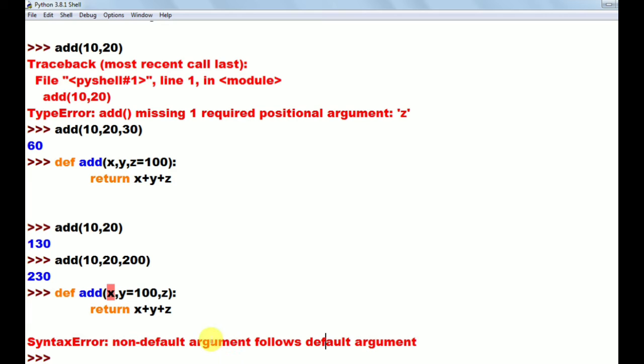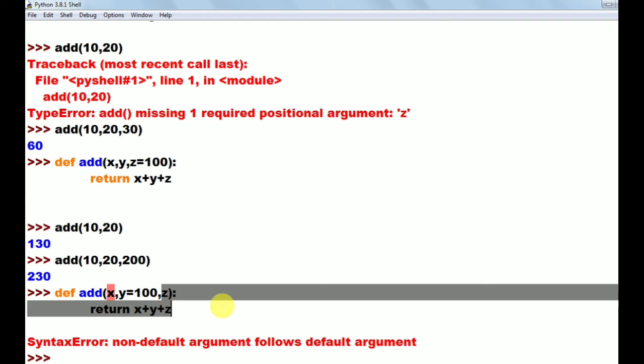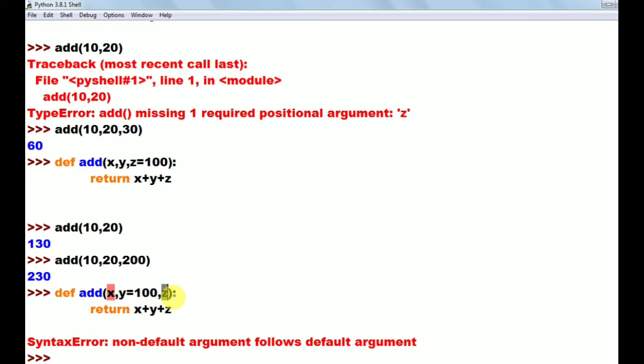Here z is the non-default argument, so that non-default argument is following the default argument. y is the default argument. After a default argument you can take default arguments, no problem, but you cannot take a non-default argument. That is the meaning of that. So in this case, y is the default argument, z is the non-default argument.